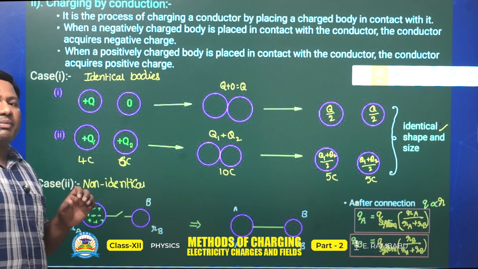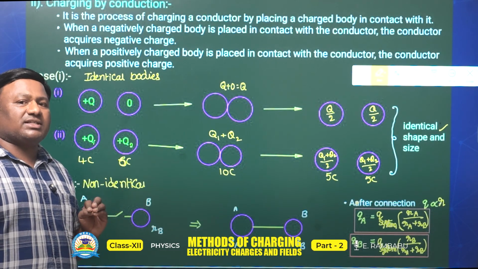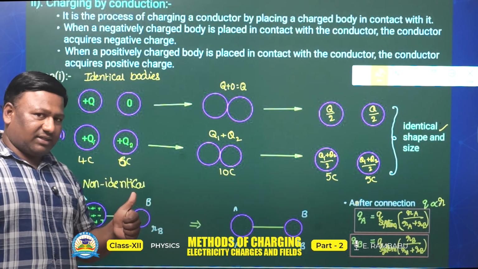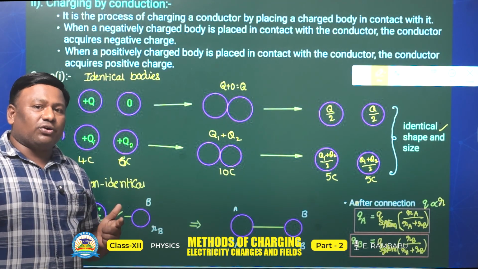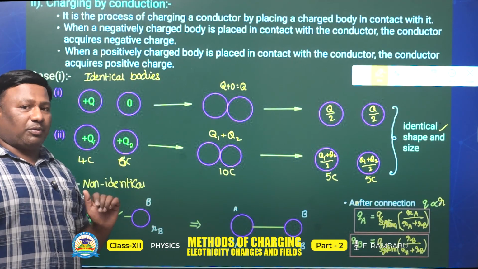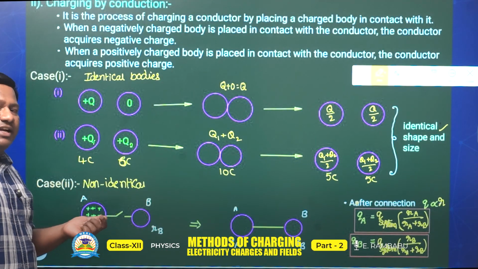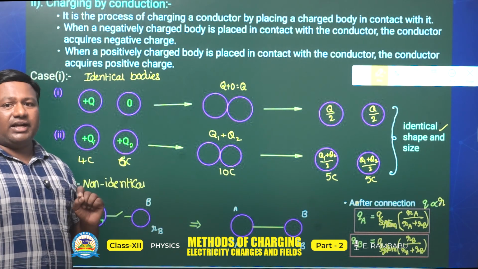See here, you need to remember conduction means there is a charge exchange between bodies taken into direct contact. Second point is, if a neutral body is taken in contact with a positive charge, it also attains positive charge. If it is taken in contact with a negative charge, then that body also attains negative charge.